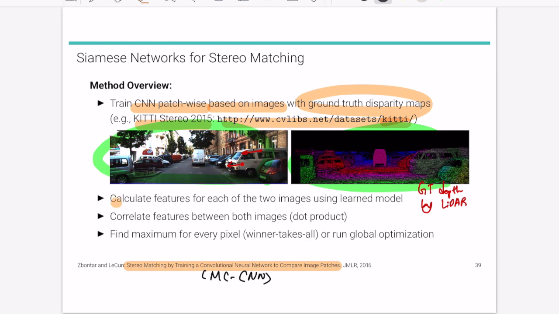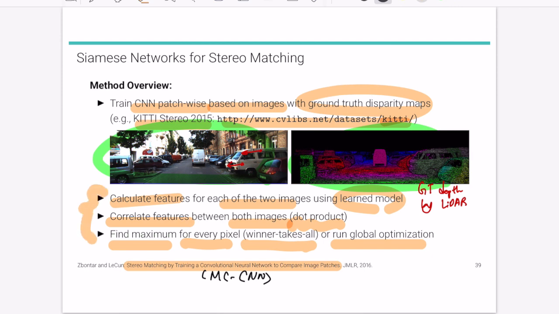In other words, calculate the features for each of the two images using the trained model. Then correlate the features between the two images, I mean compare the pairwise features between the two images, for example by using the dot product. Then find the maximum for every pixel, which is called winner take all, or use global optimization to find the optimal disparity map. This is an overview of the MC-CNN.